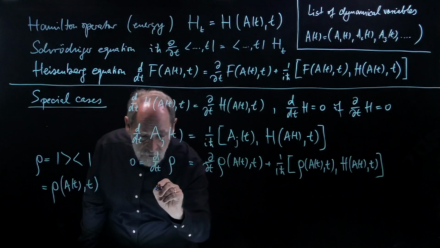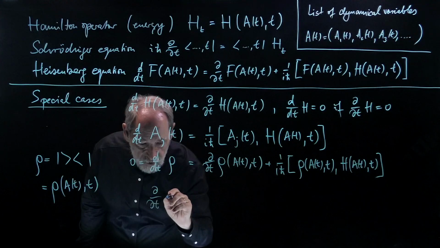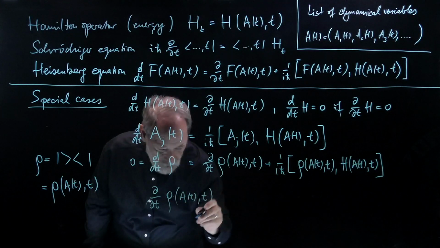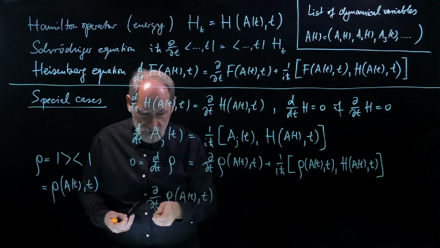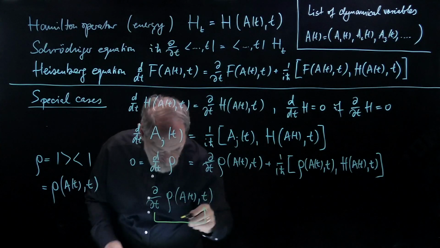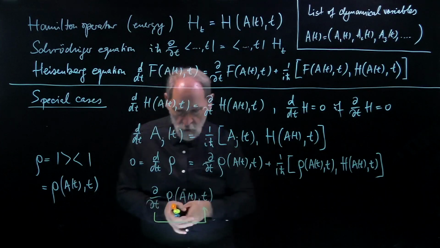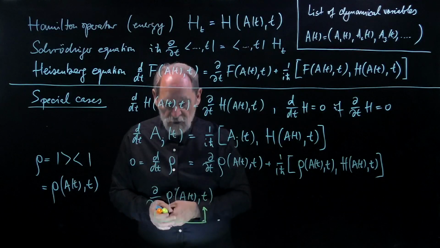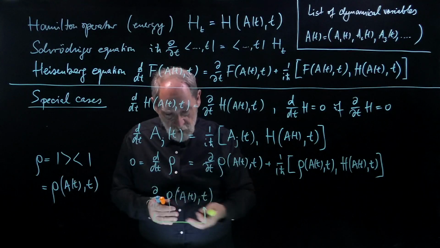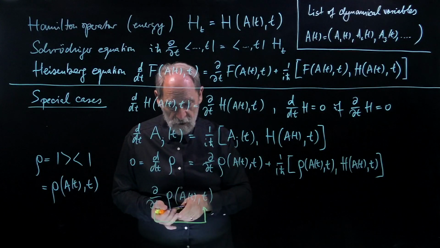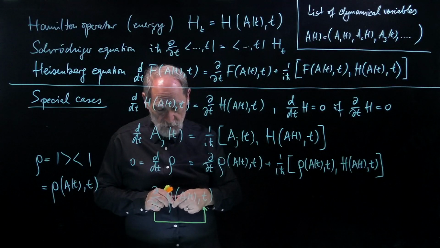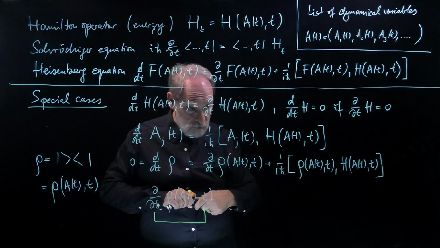This is very often written in the way that we say the parametric time dependence of rho. And I remind you that this derivative speaks only about how the function of the dynamical variables depends on which time we are talking about, and does not talk about the time dependence of the dynamical variables themselves.